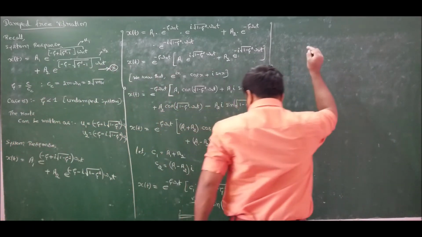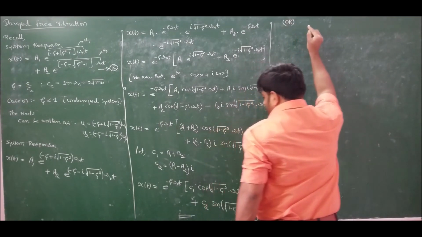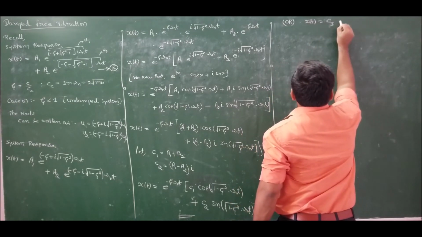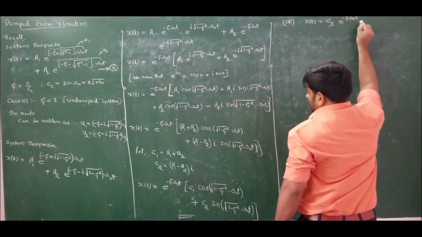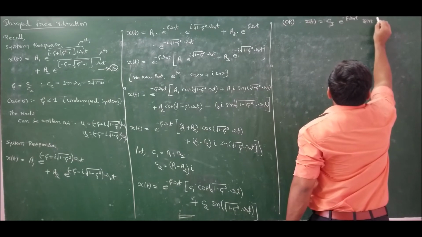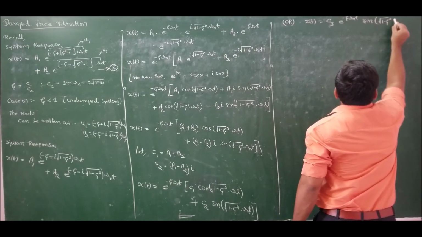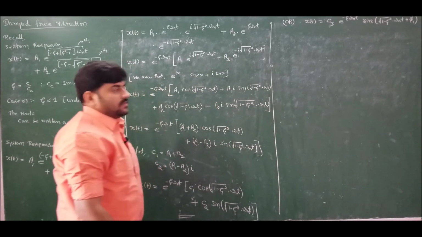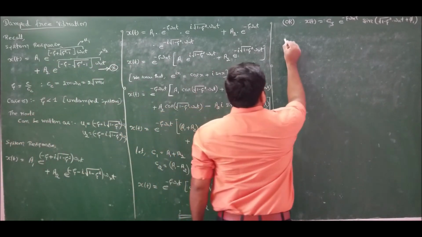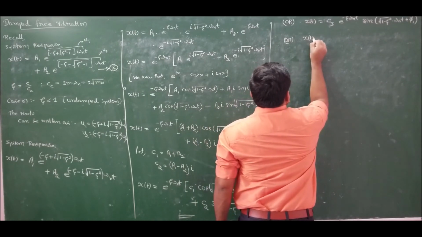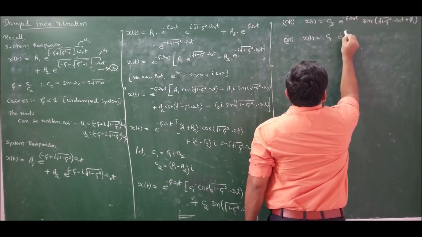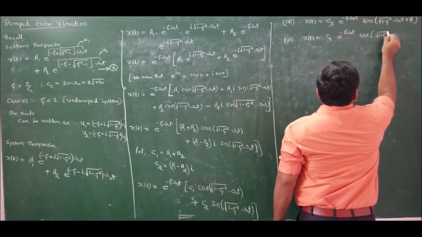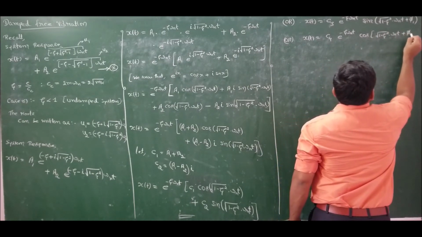Or the system response can also be written as x of t is equal to a constant C3 e to the power of minus zeta omega nt into sin of root of 1 minus zeta square into omega nt plus the phase difference phi 1, or you can also write in the third form, that is x of t is equal to a constant C4 e to the power of minus zeta omega nt cos of root of 1 minus zeta square into omega nt plus phi 2.